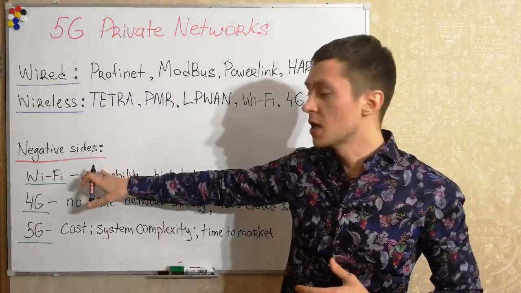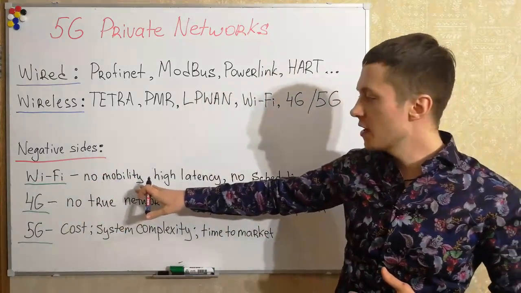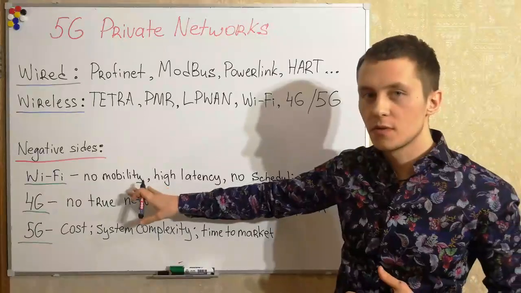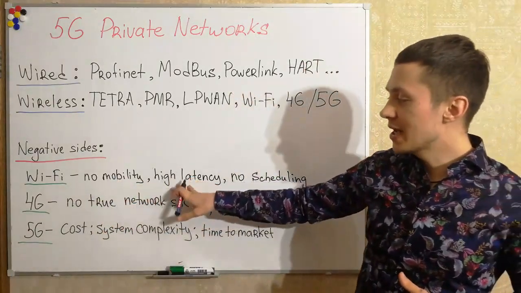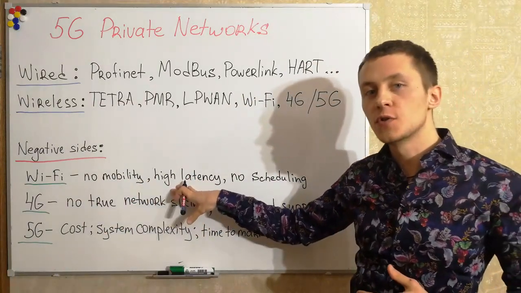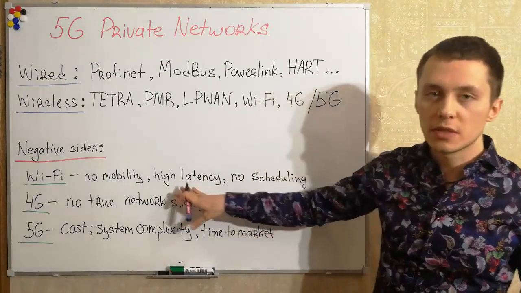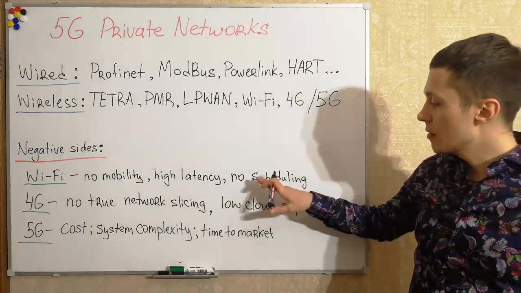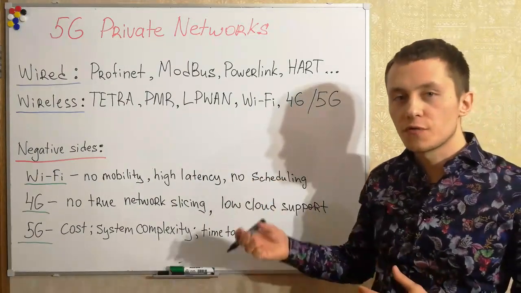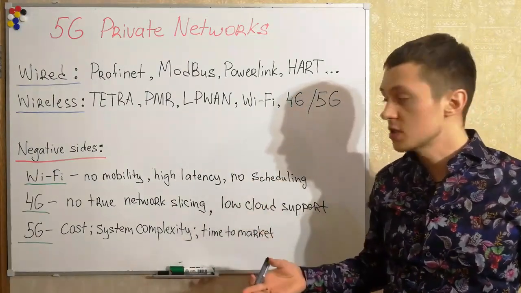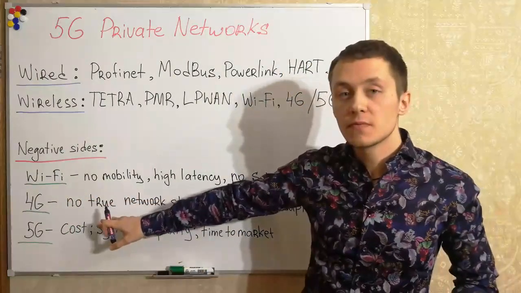Let's talk about negative sides. Wi-Fi: usually Wi-Fi standards have a not so good situation with mobility services. Pretty high latency can be not enough to support mission critical network cases, and scheduling and prioritization of traffic, I mean quality of service, is not so good. 4G has the following negative sides.